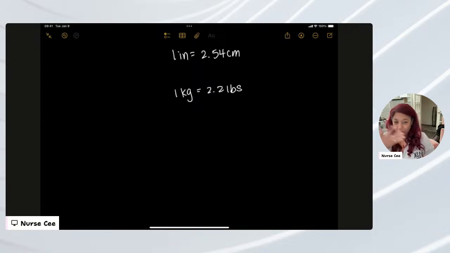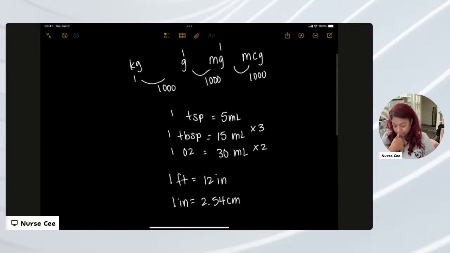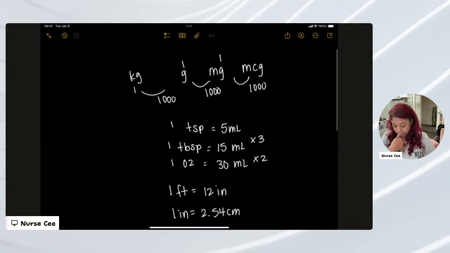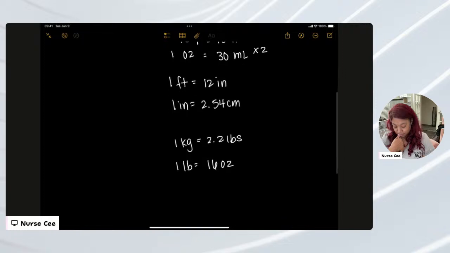That's a way my brain works. So 1 kg is 2.2 pounds. Then we know that 1 pound is 16 ounces. So that's what you need as well. What am I missing? I feel like I'm missing stuff. I mean, these are really all that you need.